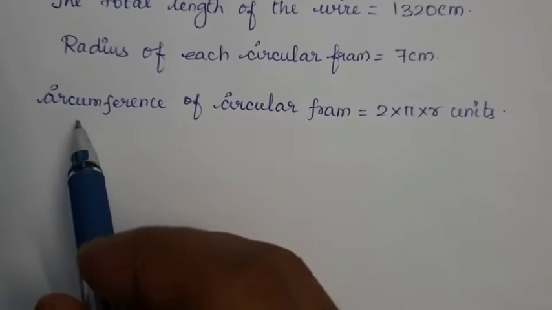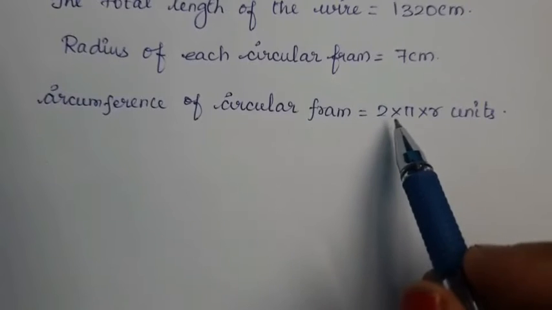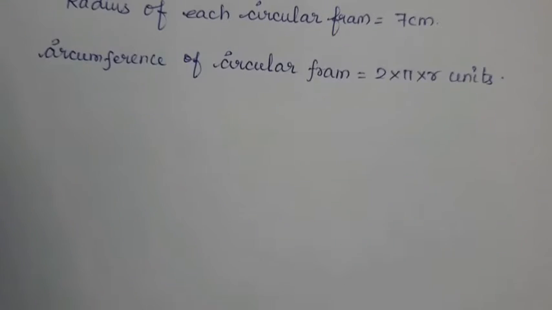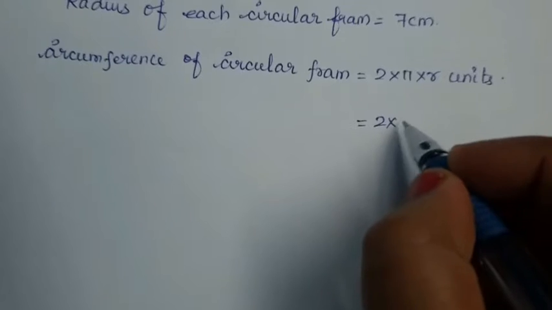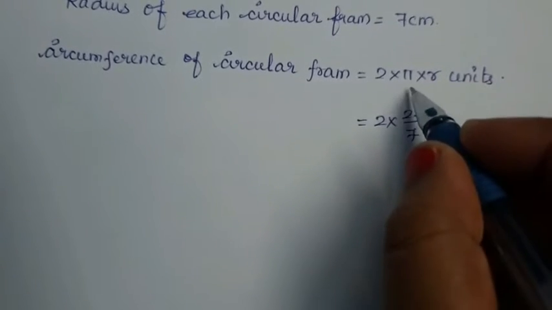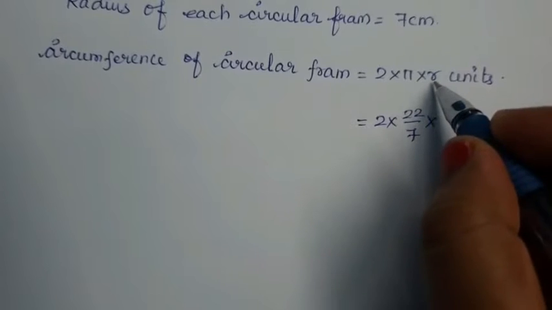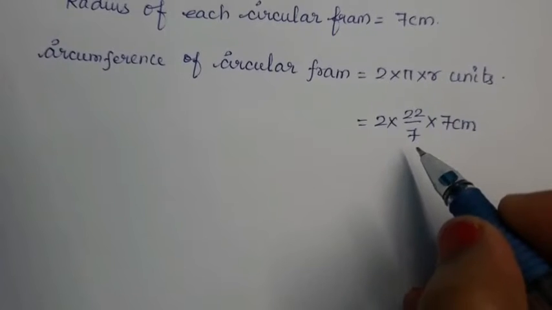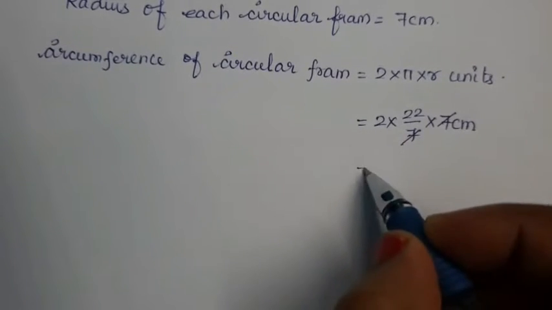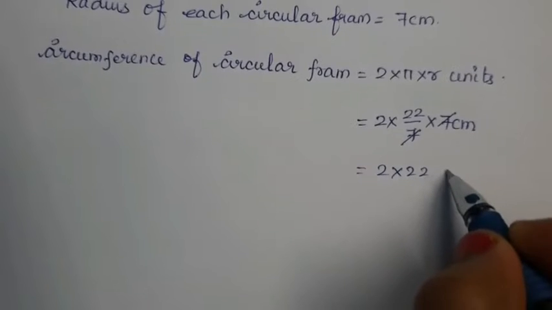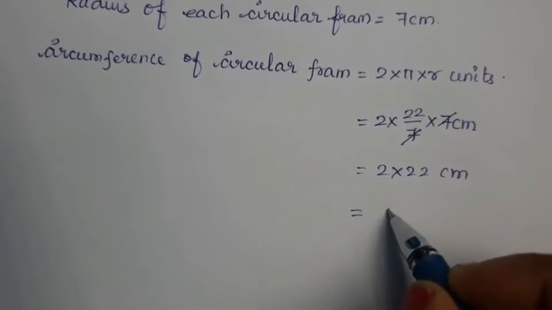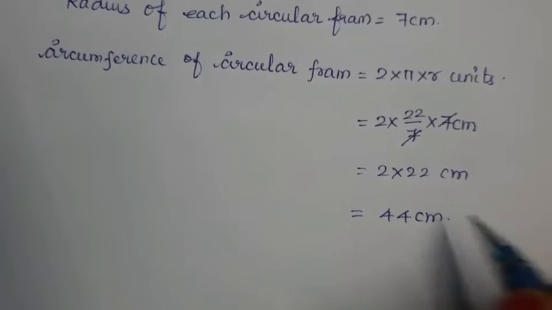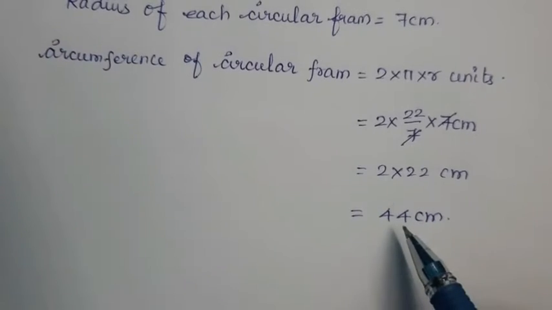We know that the formula for finding the circumference of the circular frame is 2 pi r units. 22 by 7 is the value of pi, and the given radius is 7 cm. Here we can cancel 7 by 7, we get 2 into 22 cm, which is equal to 44 cm. 44 cm is the length of the circumference of one circular frame.